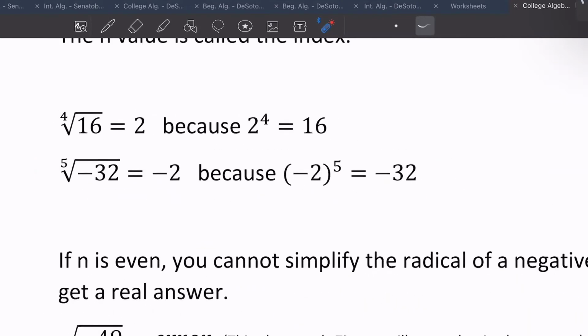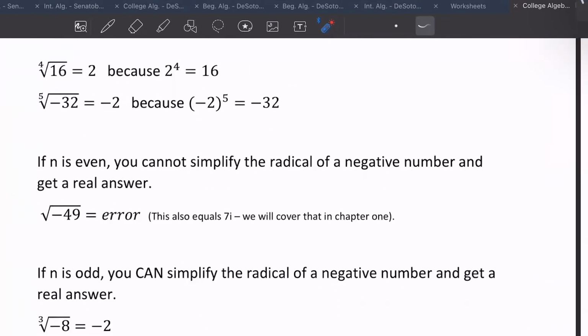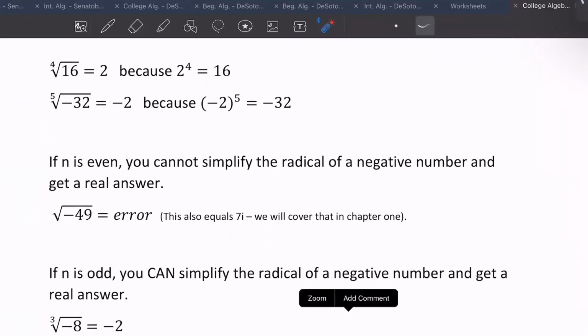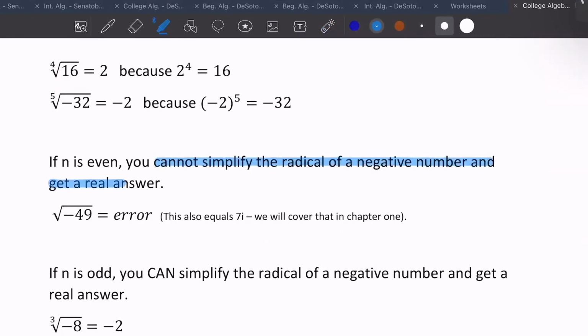So here's how we can generalize this part. If n is even, remember n is this number, so 2, 4, 6, 8, 10, anything like that, we cannot simplify the radical of a negative number and get a real number.